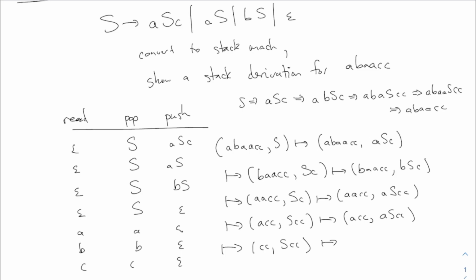Pop S, push epsilon, so this is now C, C, C, C, and now I just pop the C's twice. C, comma, C, and then epsilon, epsilon. There you go. I think probably your stack machine derivation should be exactly the same as mine, although I suppose there is some opportunity for doing things in a slightly different order, but probably it should be the same.